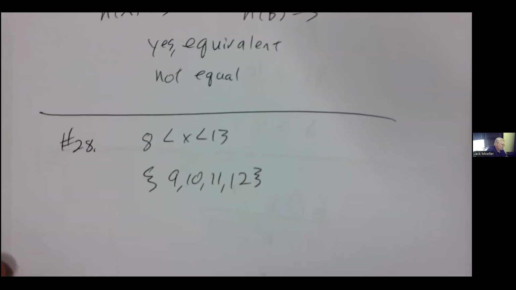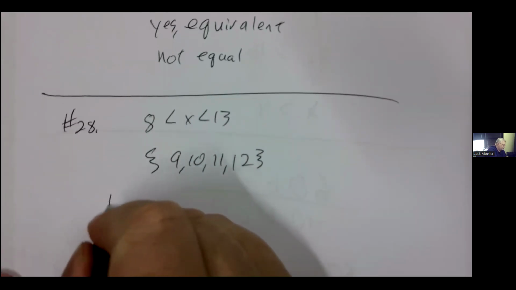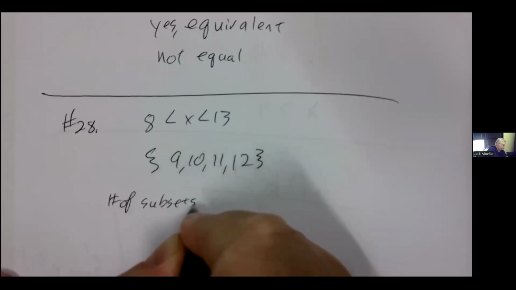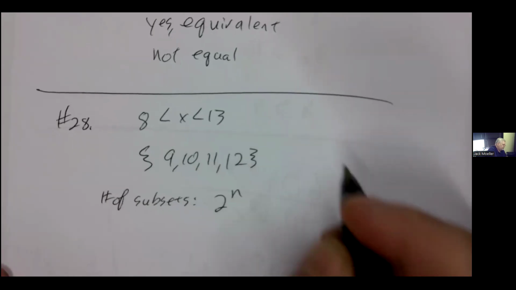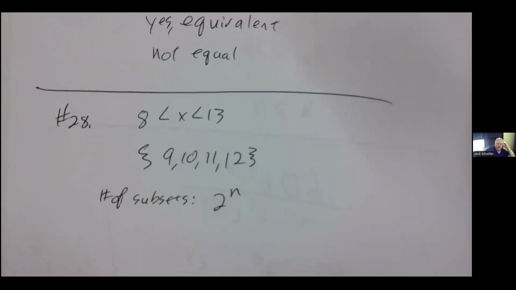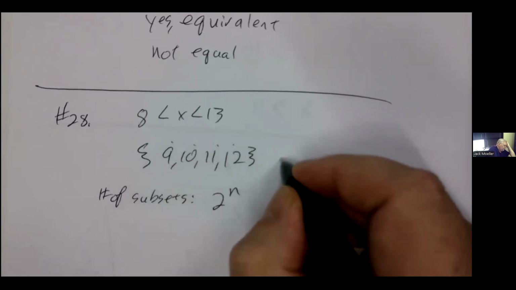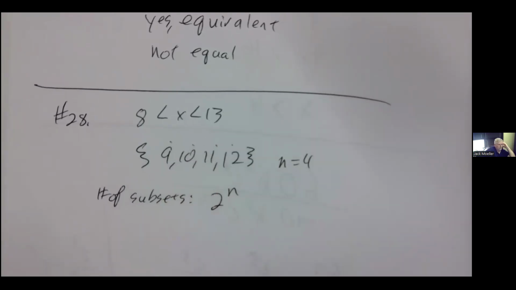Okay. So if we want the number of subsets, that is 2 to the n. And what is n? Well, n is, anything in chapter 2, if you see a lowercase n, that's the number of elements we're talking about, cardinality. So there are 1, 2, 3, 4. So n is 4.